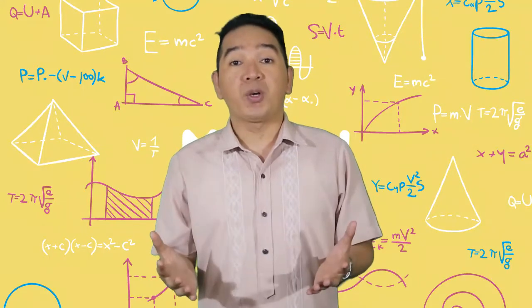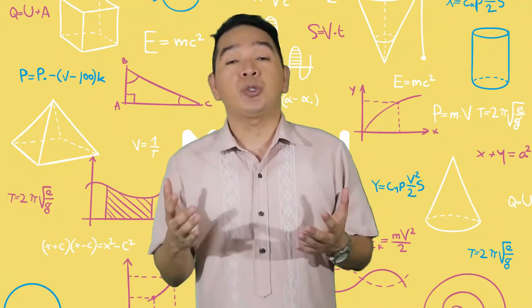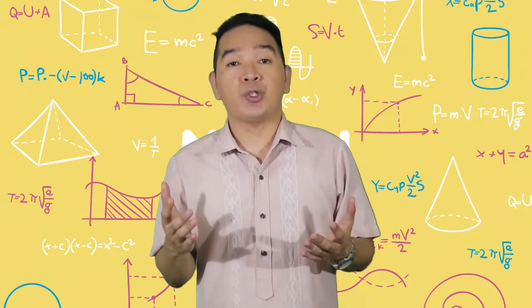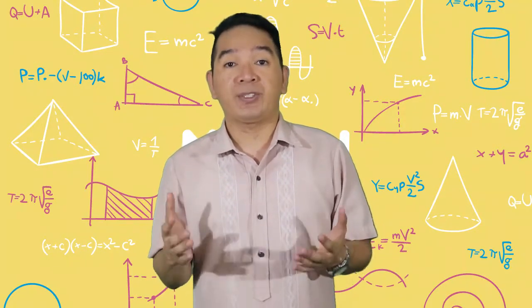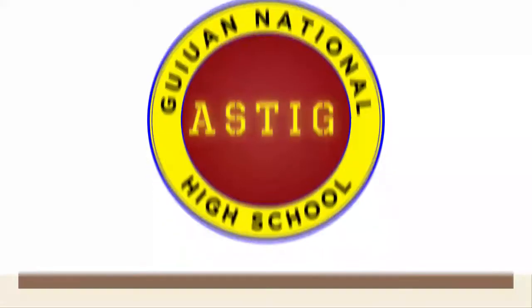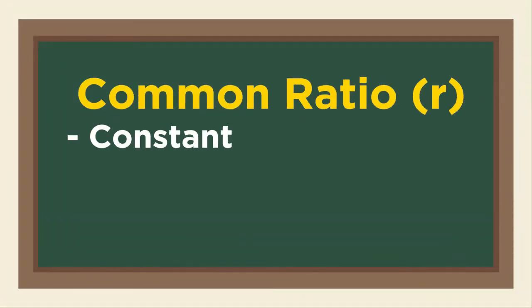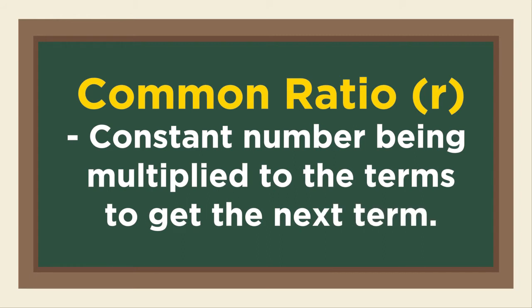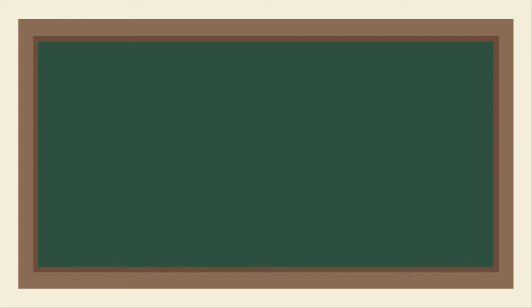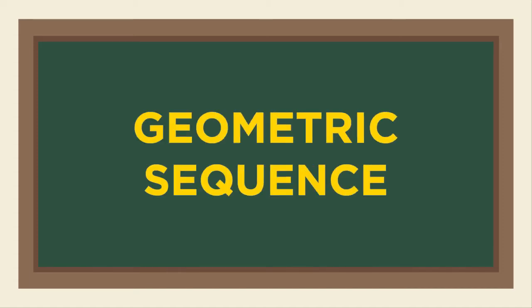The constant number being multiplied to the terms to get the next term is referred to as the common ratio, represented by the letter r. This sequence is an example of a geometric sequence.